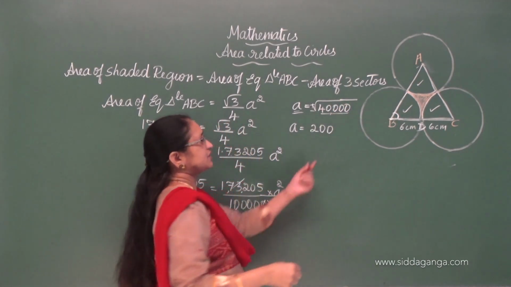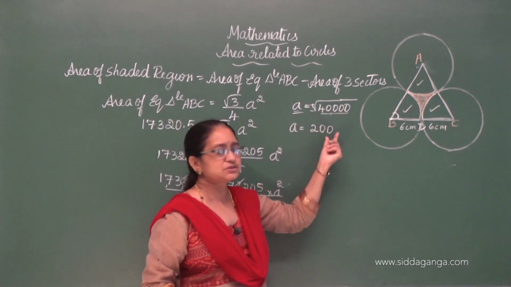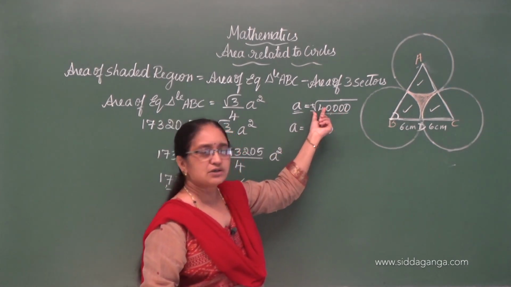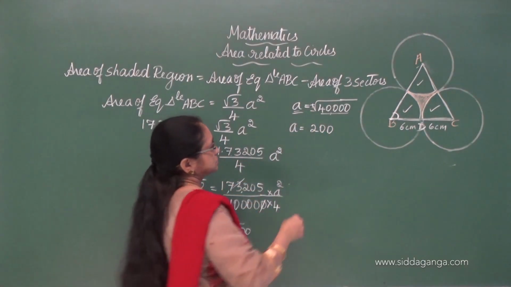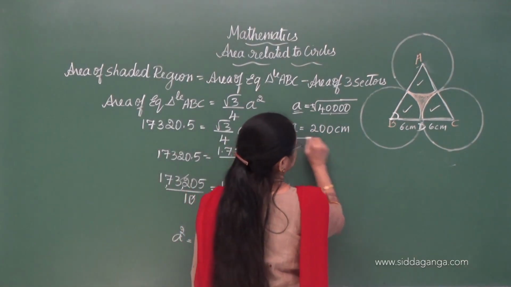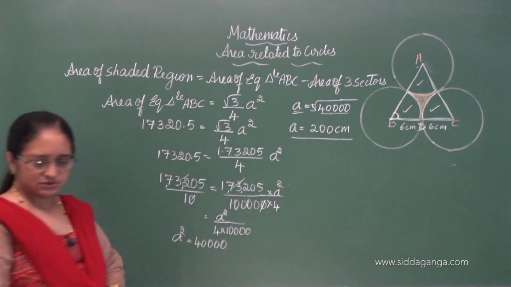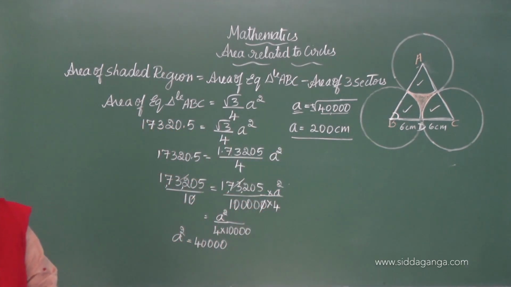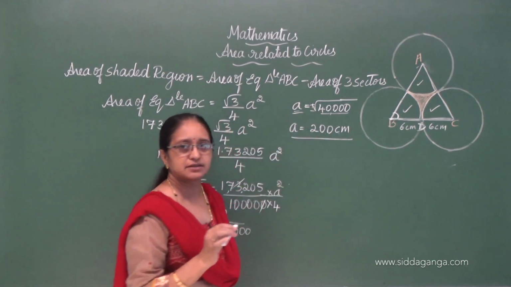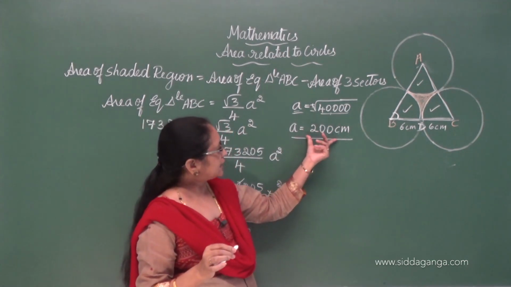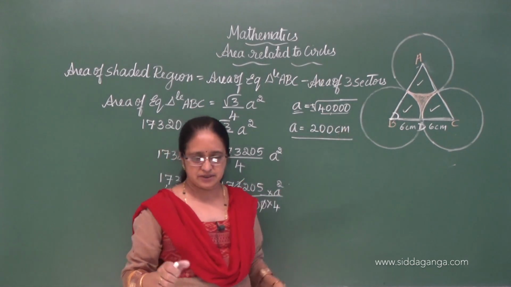I hope you know how to find the square root. See, there are 4 zeros. I am going to take 2 and 4, 2. Correct? Square root of 4 is 2. So this is 200 centimeter, since they have given in centimeter, we should take A is equal to 200 centimeter. Now we got A as 200 centimeter.